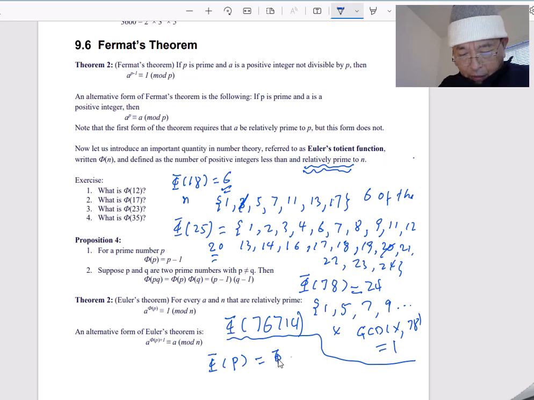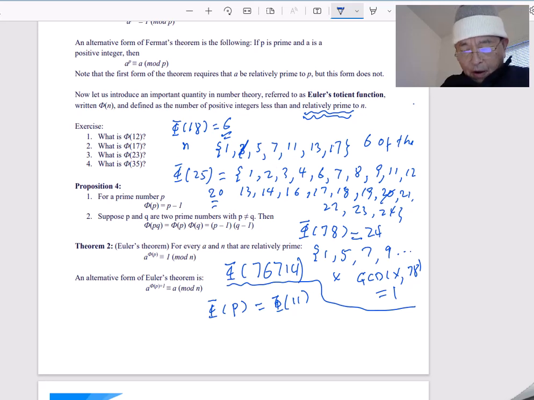I have a prime number, let's say 11. How many of them are relatively prime? Well, any number below it is relatively prime: 1, 2, 3, 4, all the way to 10, co-prime to 11. So there are 10 of them. How about 13? They are all the way to 12.